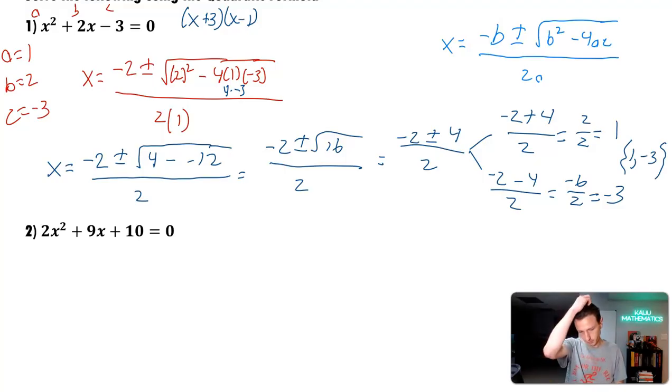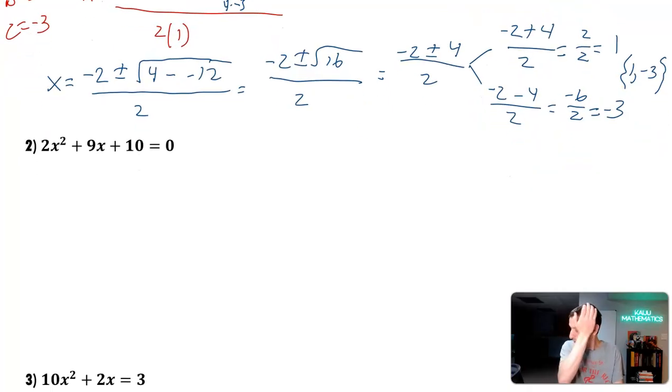Positive 3 and negative 1, because 3 times negative 1 is negative 3, and 3 plus negative 1 is positive 2. So that would be our factors. You set each of these equal to 0: x equals negative 3, x equals 1, same thing. Like I said, we're going to be looking at non-factorable quadratics most of the time here, but I'm just showing you that the quadratic formula gives you the exact same answers if you're able to factor, which we got, 1 and negative 3.